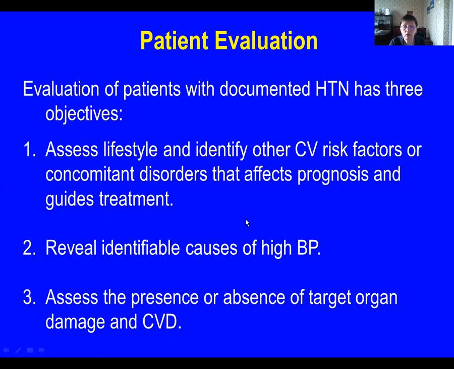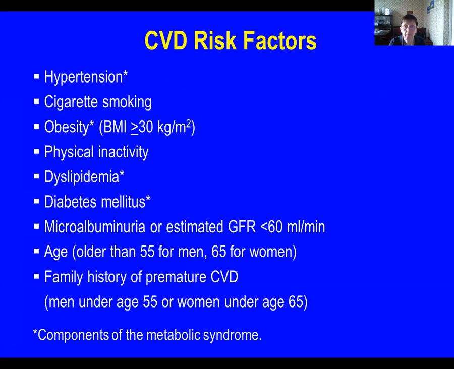Then we try to reveal identifiable causes of the high blood pressure. So we need to differentiate essential hypertension from secondary causes of hypertension. And lastly, we try to assess the presence or absence of target organ damage.